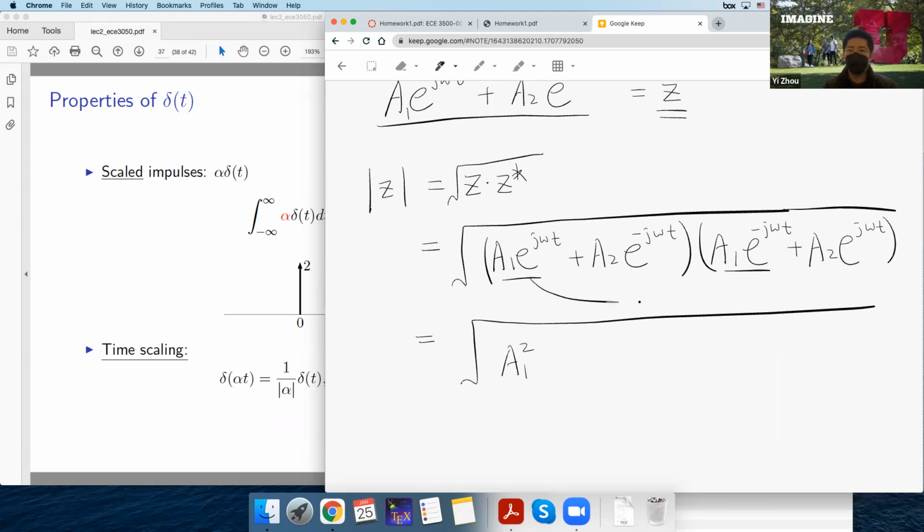And then you do this two, you get a1 a2 e^(j2 omega t). And this one is a1 a2 e^(negative j2 omega t). And finally, the last one is a2 squared.